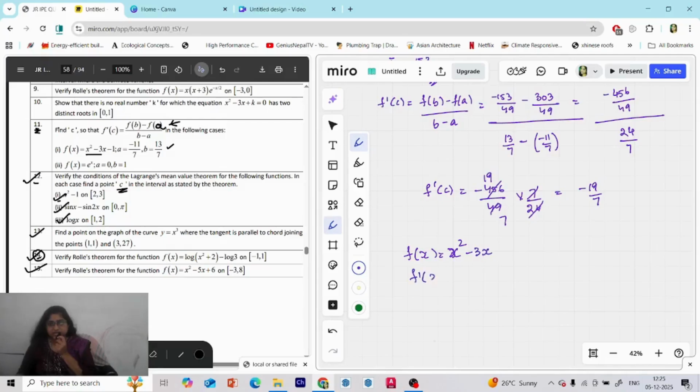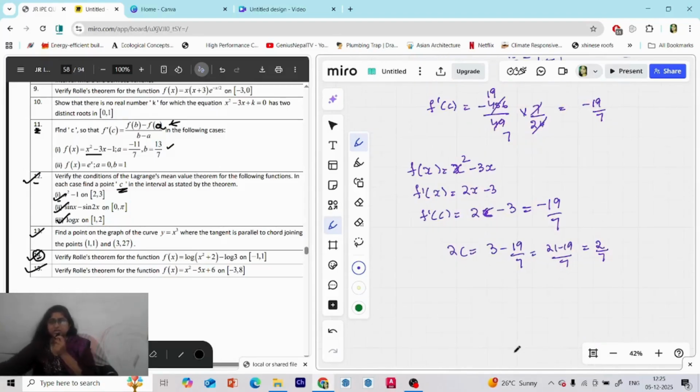So f dash c, replacing x with c, becomes 2c minus 3. Now f dash c is equal to minus 19 by 7. So 2c is equal to 3 minus 19 by 7, which is 21 minus 19 by 7, that is 2 by 7.